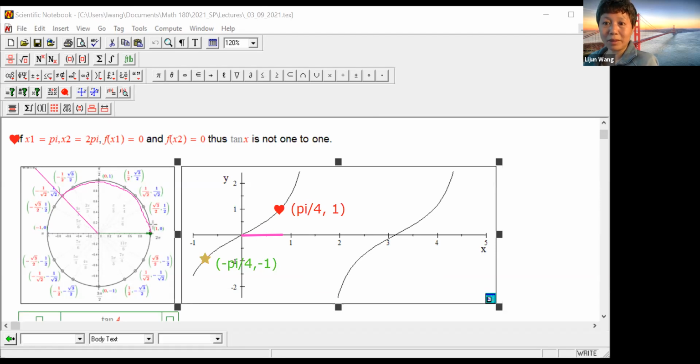So this is going to be greater than 2, less than 3. So your 3 pi over 4 will end up somewhere here. Approximately.